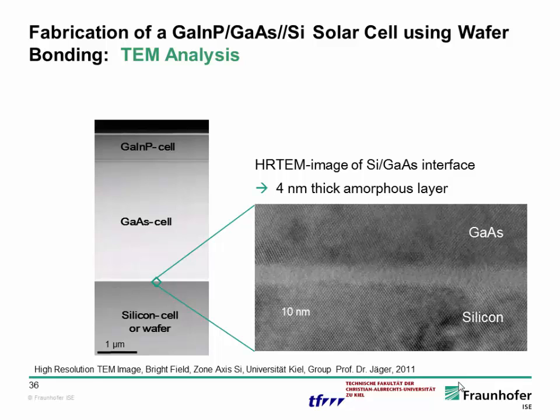And then if you look at the end again in transmission electron microscopy, you see here the silicon cell and the gallium arsenide cell, gallium indium phosphide cell. And in between it's just a layer which is really an amorphous structure. This is simply because you put together these two crystal materials and you put some force on that, and in reality you generate an amorphous interlayer.